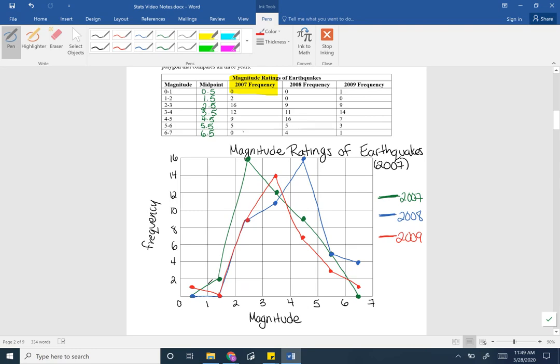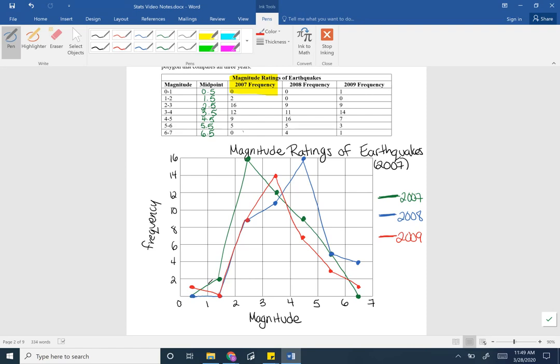You could maybe conclude that we are having stronger earthquakes as time goes on. However, when we compare that to 2009, that doesn't really work. So a frequency polygon is a really nice way to compare data, and it's really easy to compare one set of data to the next.